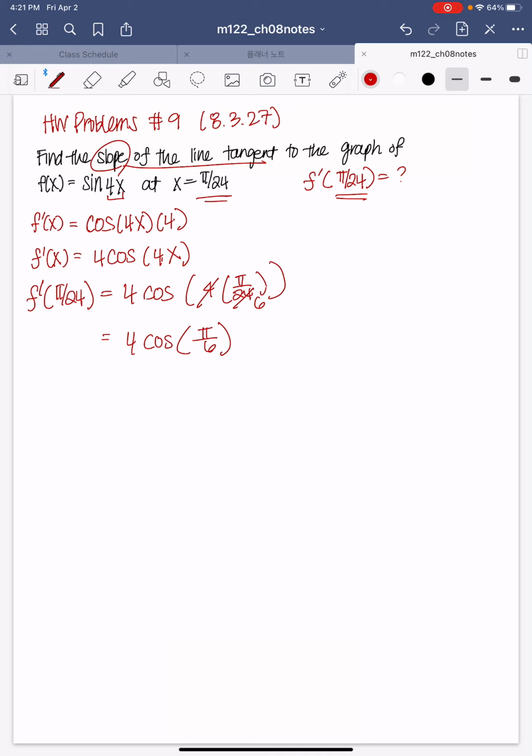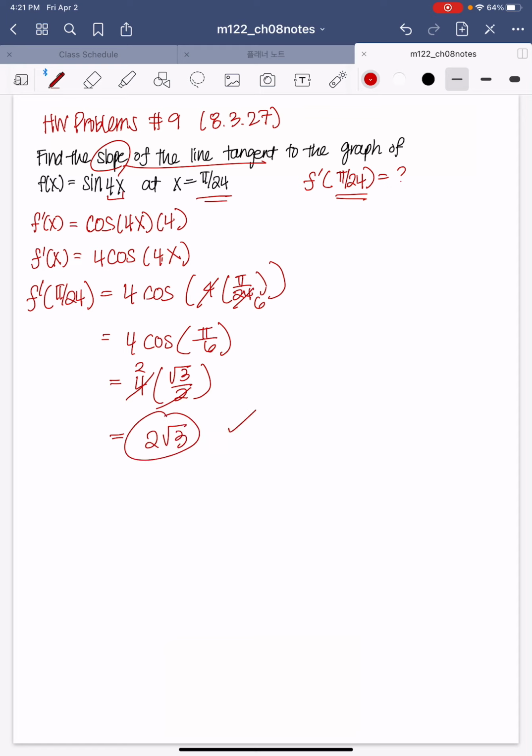Cosine of pi over 6, that's the known triangle. So the cosine value at pi over 6 is root 3 over 2, times 4. The 2 cancels with the 4 twice. So the final answer, the slope at x equal pi over 24, is 2 root 3.